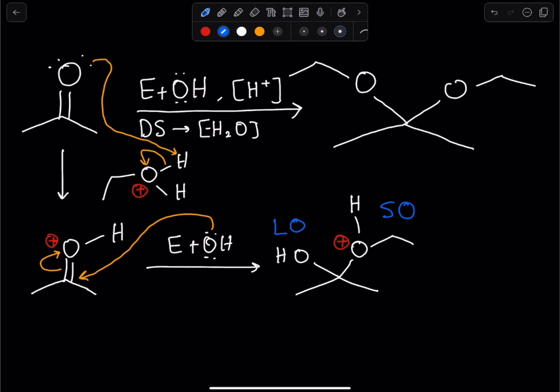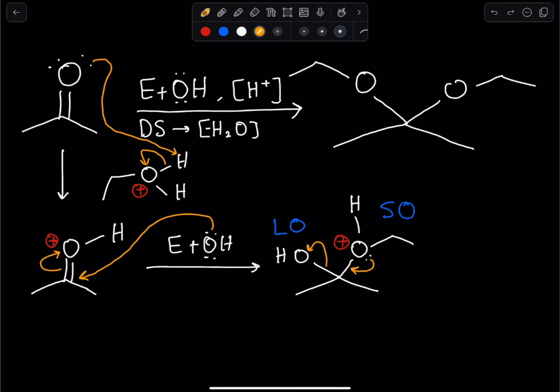Now, after you attack the carbonyl carbon, what the molecule wants to do is reform the carbonyl, because the carbonyl was very stable. So intuitively you might think, okay, well, it would reform the carbonyl like this, to keep this oxygen on it and then kick the leaving oxygen out.